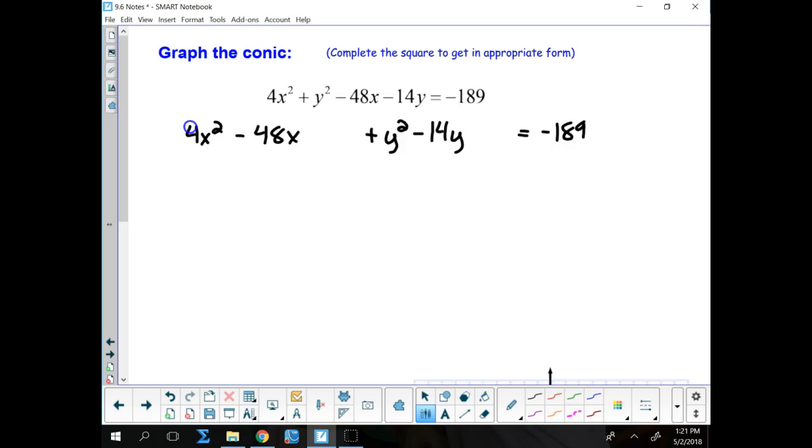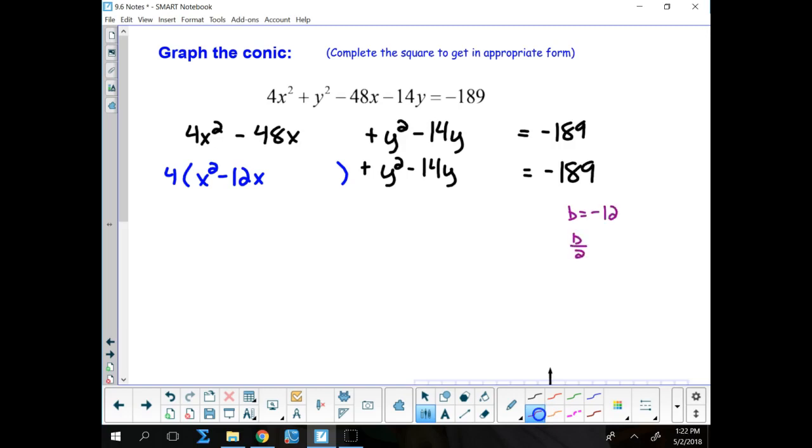But I got to factor out a 4 here first. Okay? So b value for the x's is going to be negative 12. Divided by 2 is going to be negative 6. Square it is going to be 36. Agree with that?